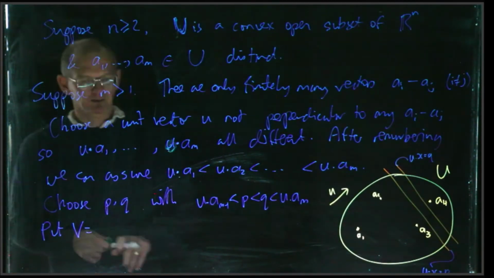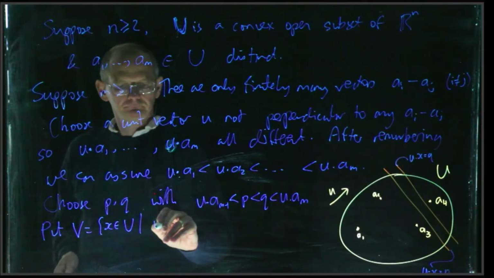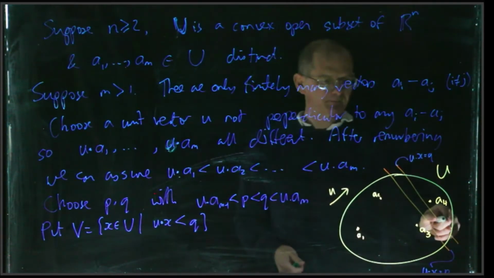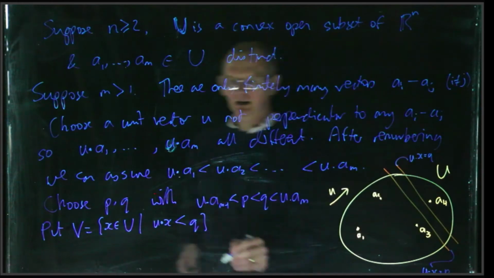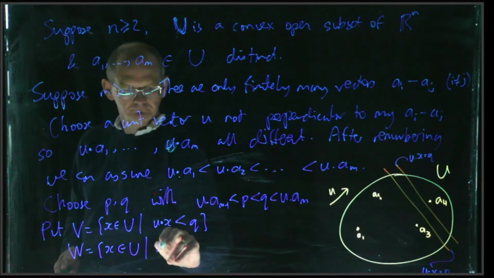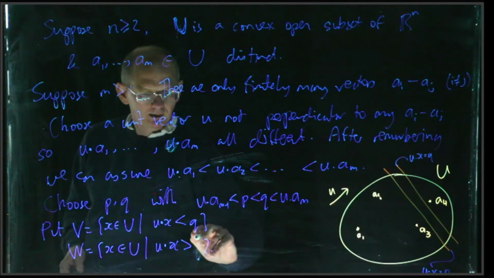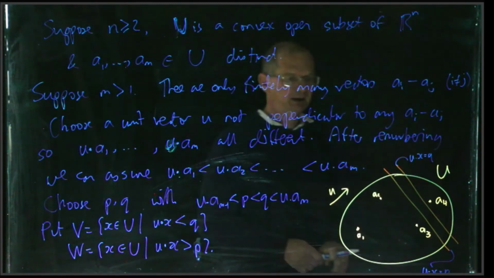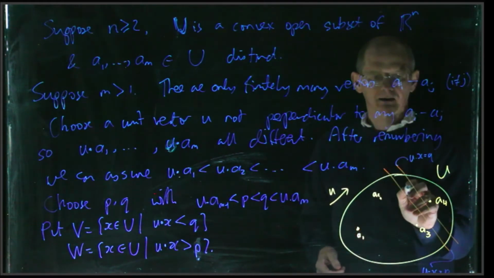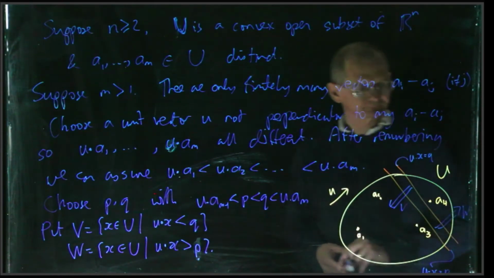So then we're going to let V be everything below the second line, and W is the stuff above P. So your V is down like that, and your W is everything above here.